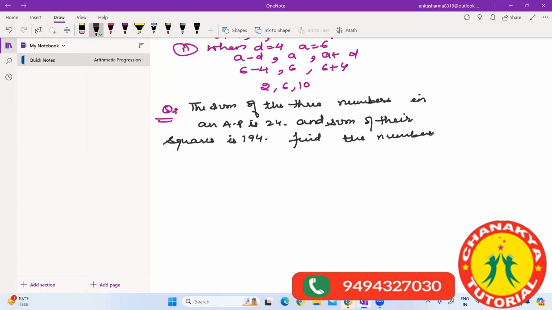Is there any idea? A is equal to 8, right? Yes.